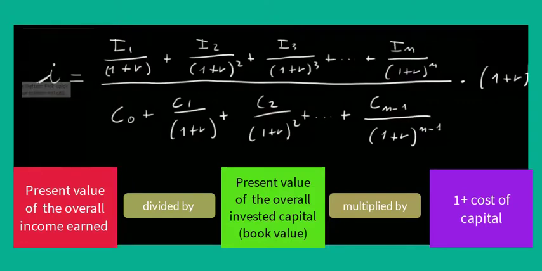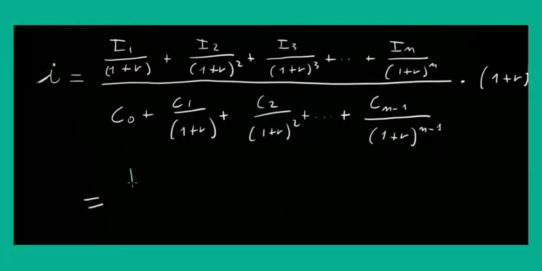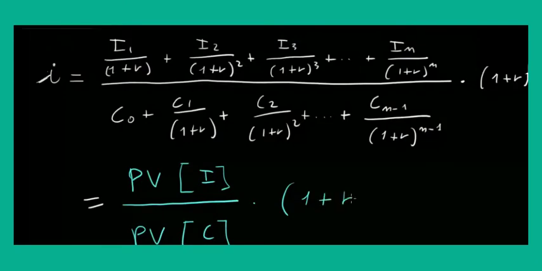So the formula can be written as the present value of all the returns divided by the present value of all the capitals, multiplied by 1 plus cost of capital.